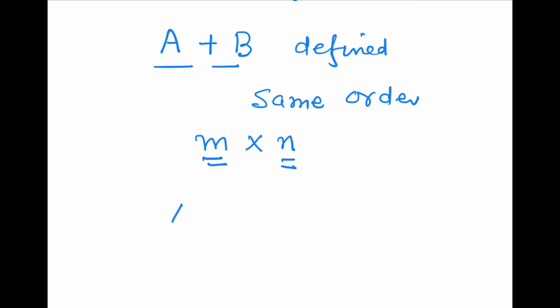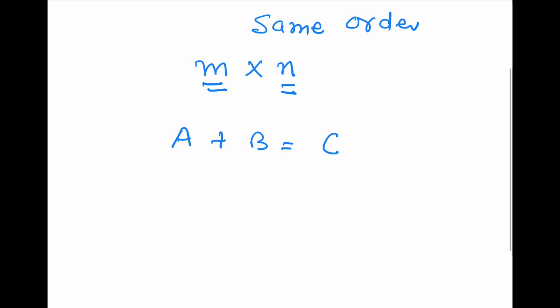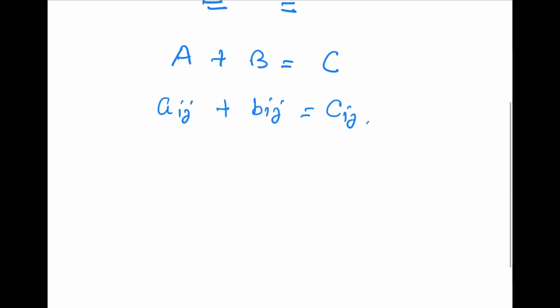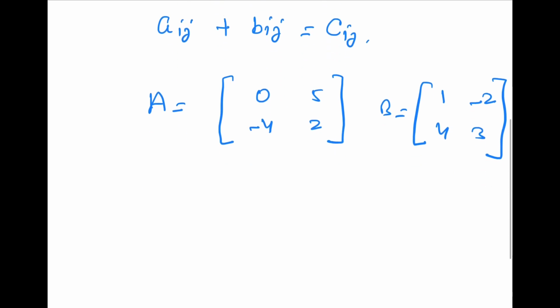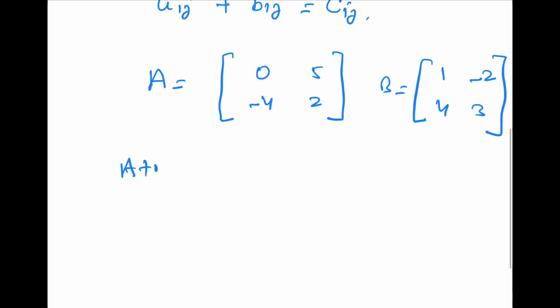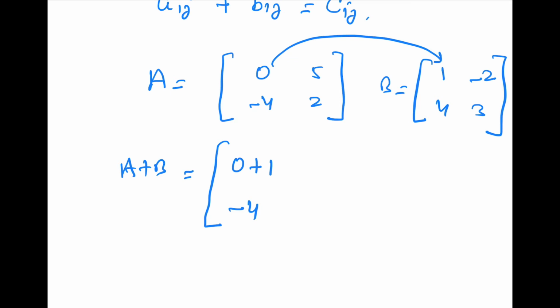And it is defined that A plus B is equal to C, then we get Aij plus Bij is equal to Cij. For example, if A is equal to [0, minus 4; 5, 2] and B is equal to [1, 4; minus 2, 3], then we say that A plus B is given by 0 plus 1, minus 4 plus 4.